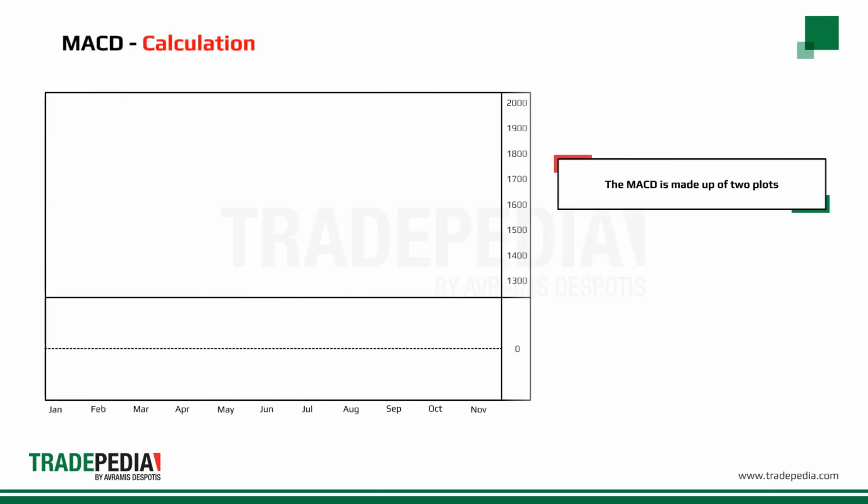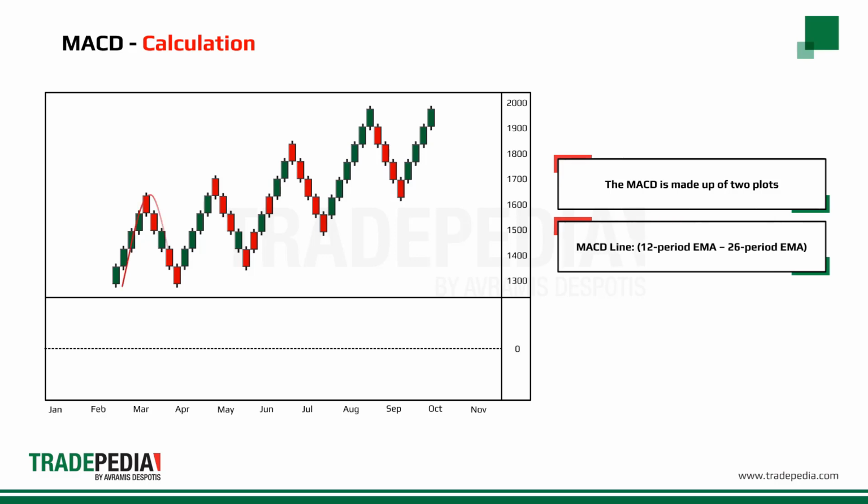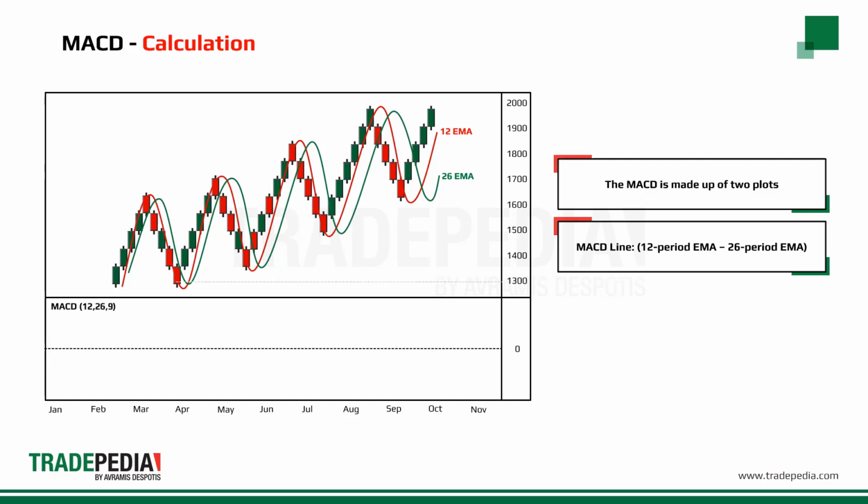The MACD is made up of 2 plots that are calculated as follows. The MACD line, which is the difference between the 12-period EMA and the 26-period EMA. When the 12-period EMA is below the 26-period EMA, and the difference between them is 100, the MACD will be at negative 100. When the 12 is crossing above the 26 EMA, the MACD will be crossing the zero line from negative to positive territory.